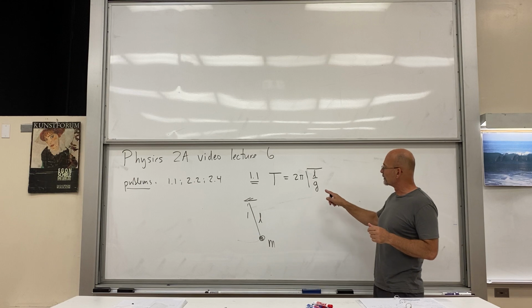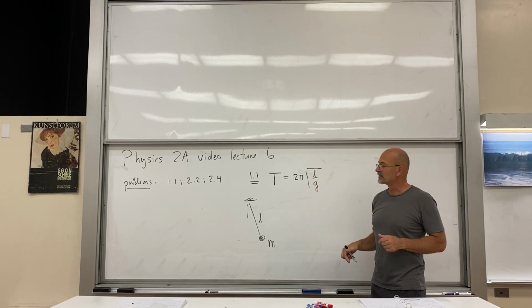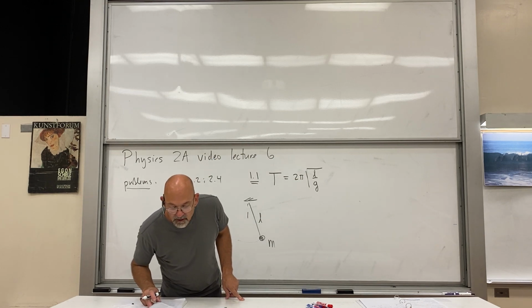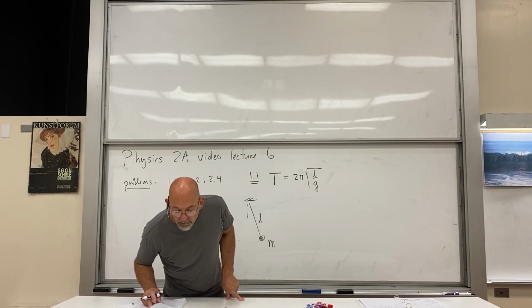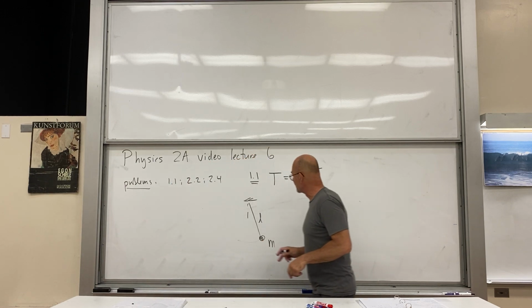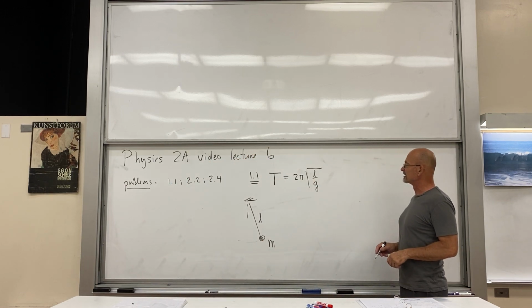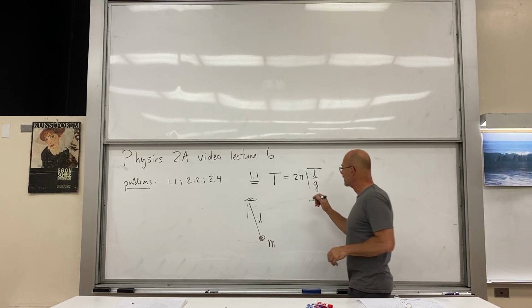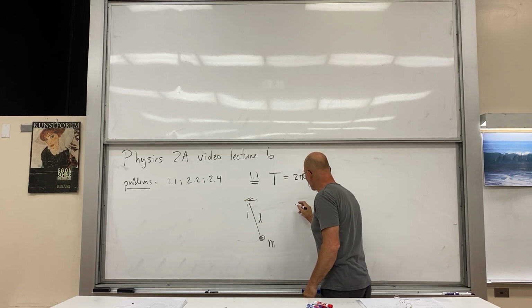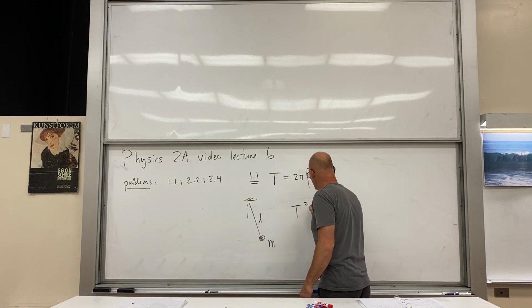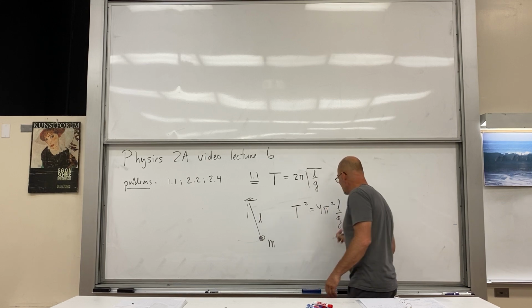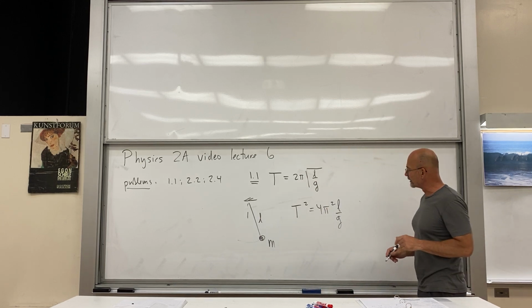In the meantime, we've learned about this letter g, so this won't be difficult. We're asking you to show that this is dimensionally consistent. So to show that this is dimensionally consistent, what we could do is square the whole thing, and we would have T squared equals 4 pi squared L divided by g, and we know all of these quantities now, don't we?